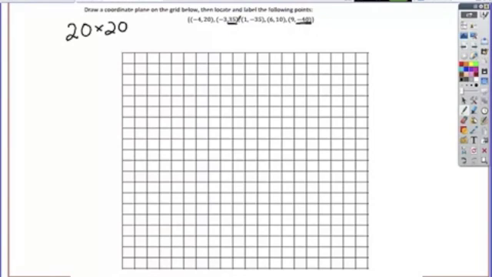So I'm going to start up here, and I'm going to say 50, because remember there's 10. So 50, 45, 40, 35, 30, 25, 20, 15, 10, 5, and remember I have to go to 0. And then I'm going to do the same thing, and it's going to go down.